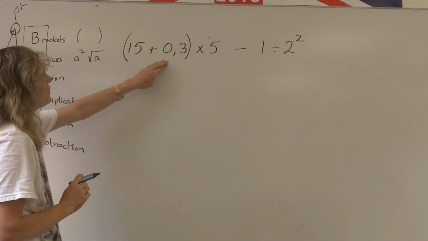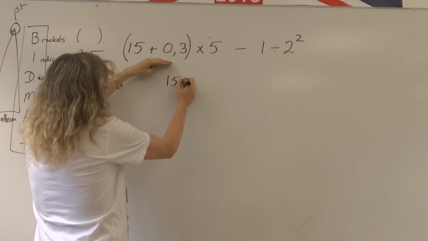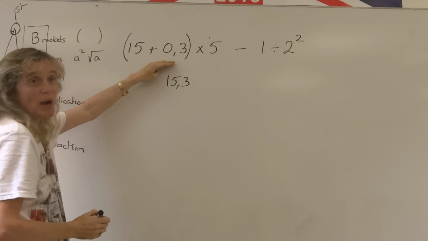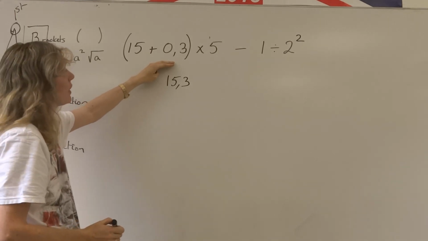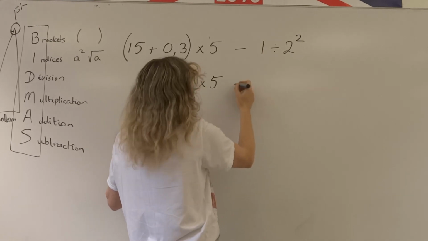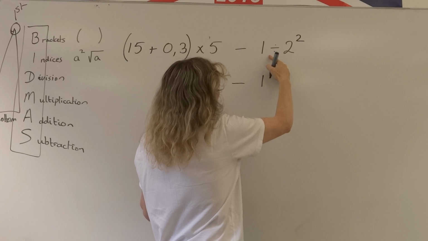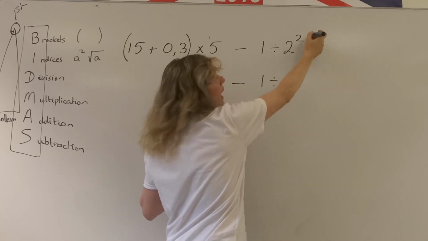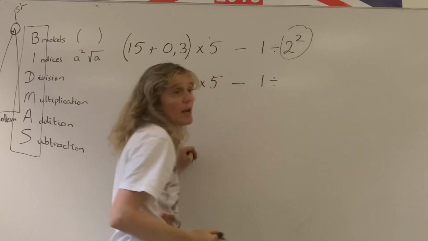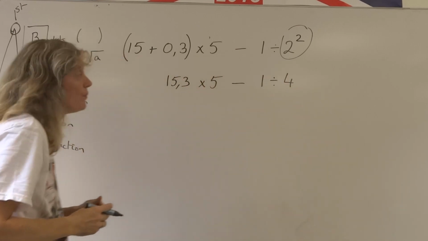We'd start with 15 plus 0.3, which would give us 15.3, because brackets come first. Then we don't do anything here yet, because we've got to go over here and do something about our powers of. Minus 1, 1 divided by 2 squared. Here's our indices, the next thing we have to do. 1 divided by 2 squared is 4, 2 times 2.